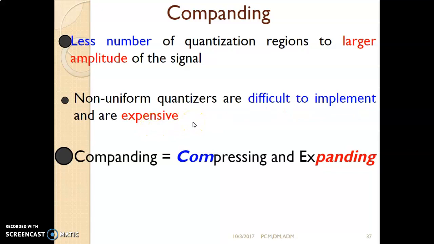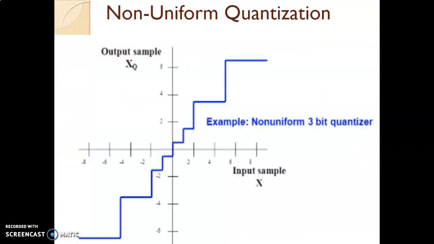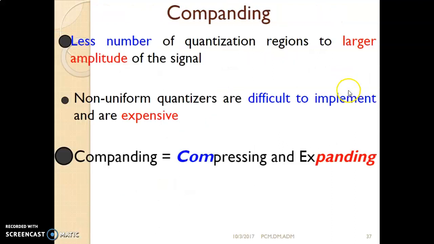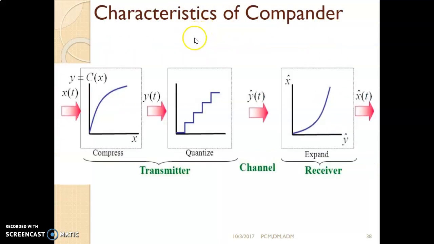So instead of directly using a non-uniform quantizer, we convert our analog signal with the help of a compressor into a kind of non-uniform quantization, and then we give that to the uniform quantizer, followed by an expander. So companding is nothing but compressing and then expanding. The COM and the PANDING together form the word companding.